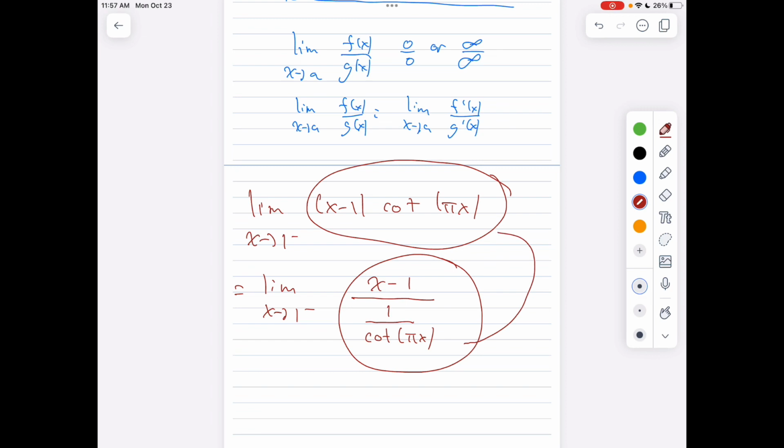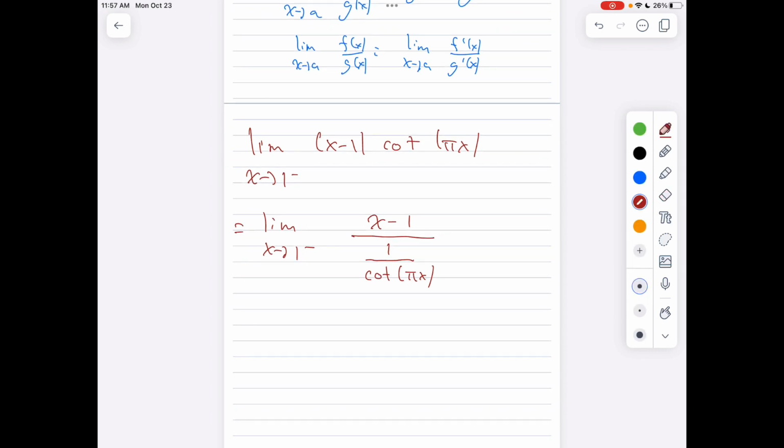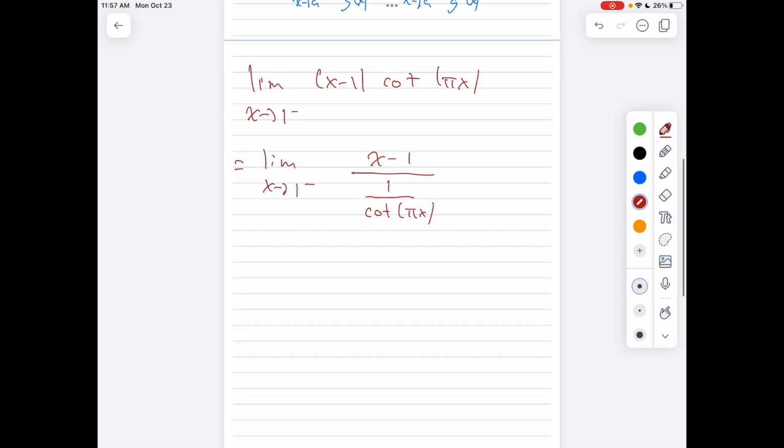If you take this one and you flip it, you would get what you have on top. So the key thing here is one of the functions stays on the top, and one of them goes down under the function that you kept on top. And I'm going to go over in a second why I picked what I picked. But let's finish this problem out here.